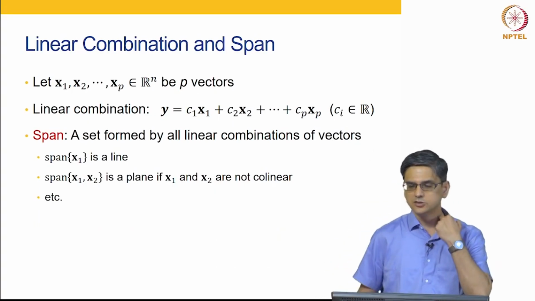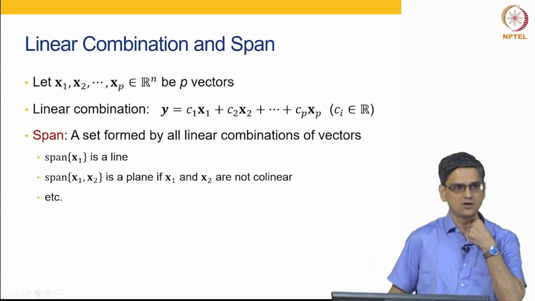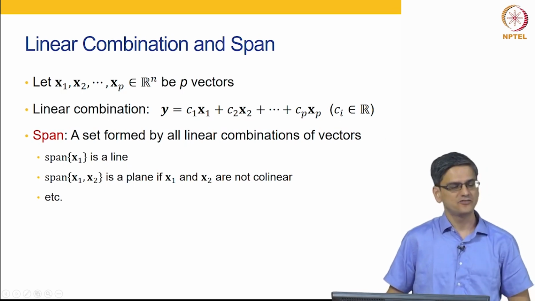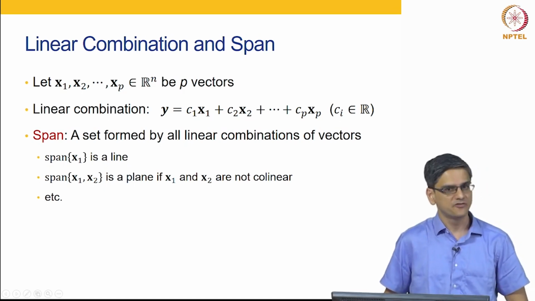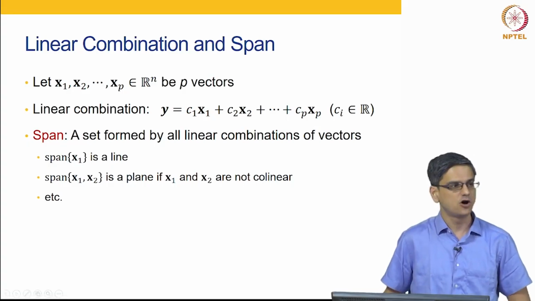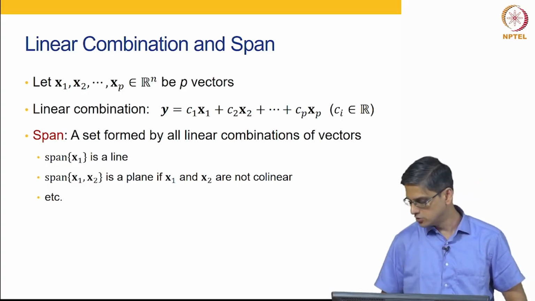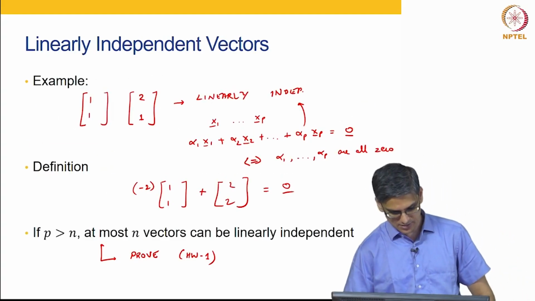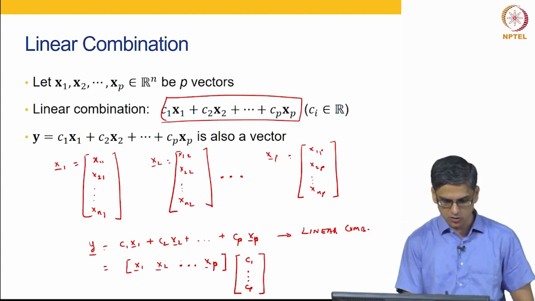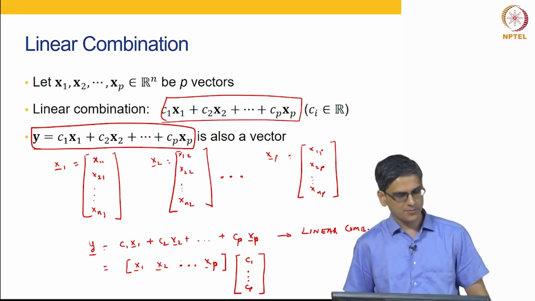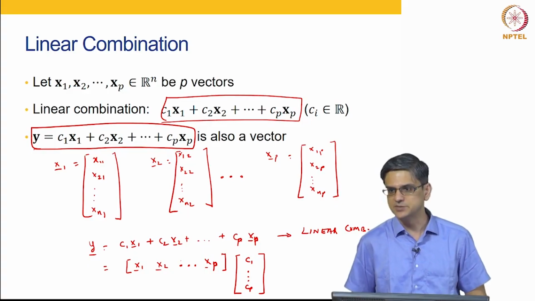Okay. So with that we come to span of vectors. Span of vectors is a vector space which is formed by all possible linear combinations of those vectors. So what we mean by that is, we had talked about this, y bar equal to c1 x1 plus c2 x2 up to cp xp.